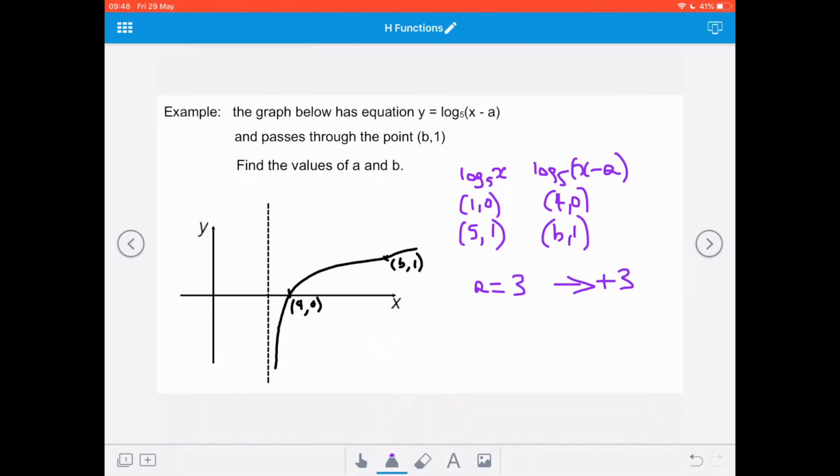Now, if we apply that to our 5, 1 coordinate, we've got b equals 5 plus 3, so our b value is going to be 8. So our equation is going to be y equals log to the base 5 of x minus 3, and that coordinate is going to be 8, 1 on our curve.